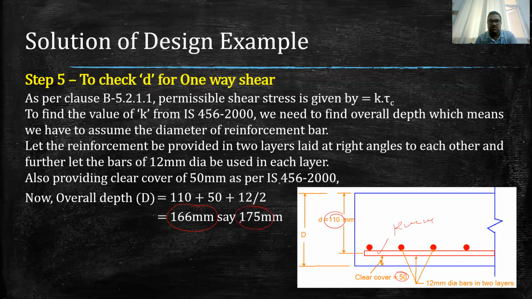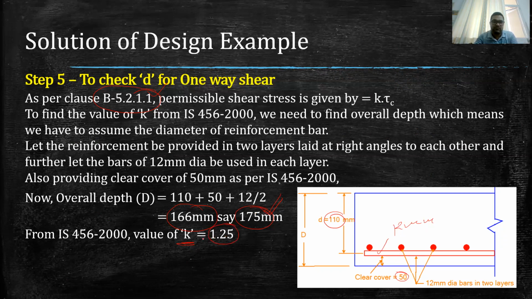For the sake of convenience we are rounding off this value to 175 mm. So for this overall depth we can refer to this clause of the IS code, and in this clause you will see a table with which we can find out the K value, which is dependent on the overall depth. So for 175 mm depth we have K value as 1.25.